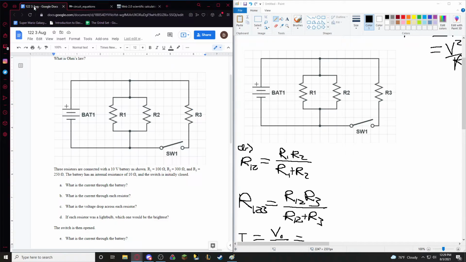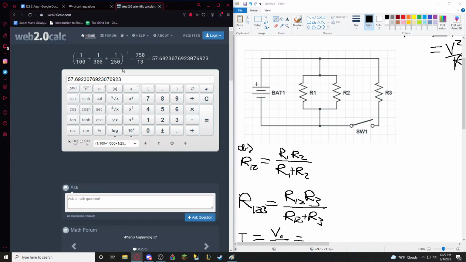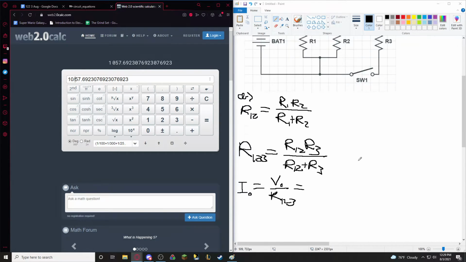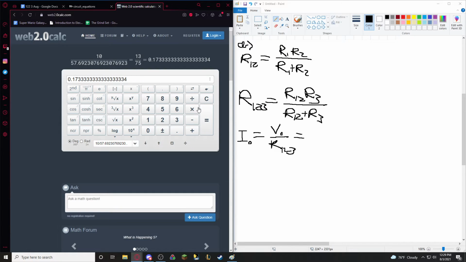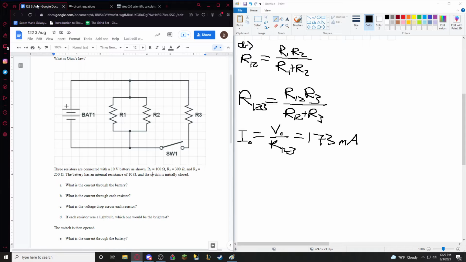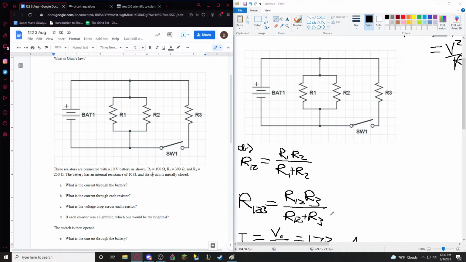Then we have our 10 volt battery, 10 volts divided by the total net resistance. We get a total current of about 173 milliamps, or 0.173 amps. That's pretty simple. It's just breaking down the entire circuit and using Ohm's law. Does anyone have any questions?